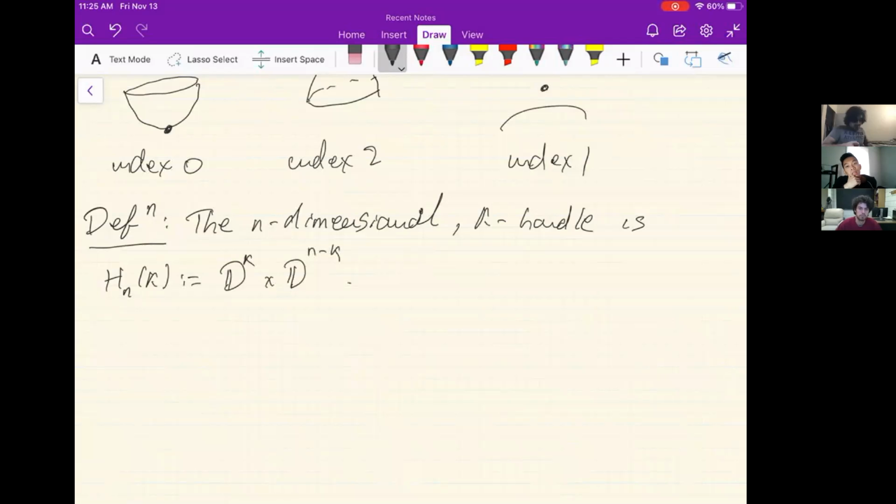So you are basically adding a thickened cell to your manifold. By thickened, you notice that the dimension of the handle is actually n-dimensional. It is the same as the dimension of the manifold itself. But all you are doing actually is reconstructing the cellular homology or CW structure of your manifold using this Morse function, but in a way that you use handles so that you preserve the smooth structure.